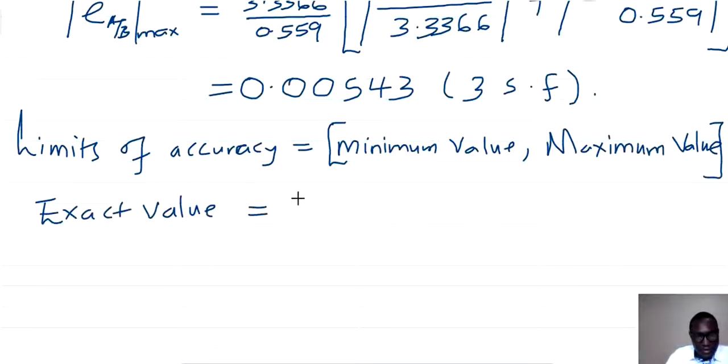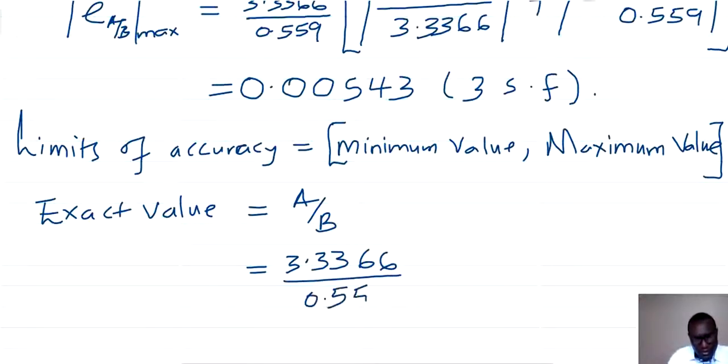The exact value is A over B, which is 3.3366 divided by 0.559. This gives us 5.968873. This here is our exact value, rounded off to those decimal places.